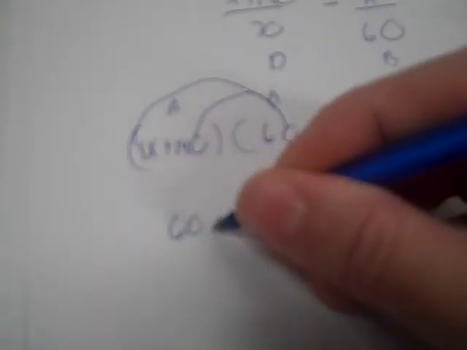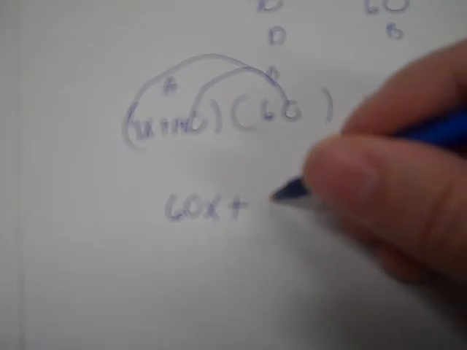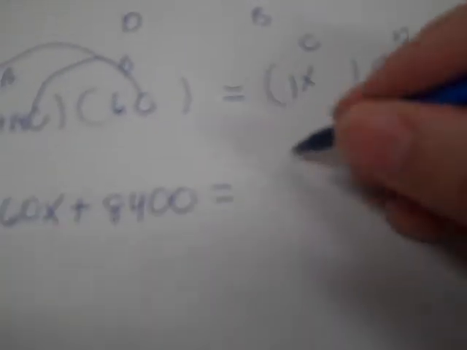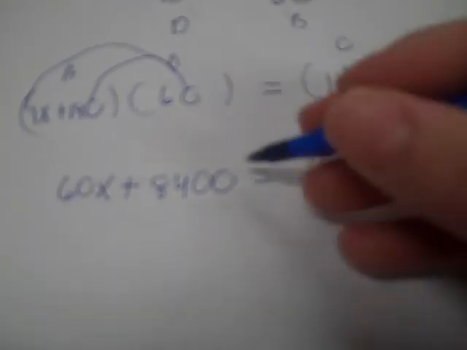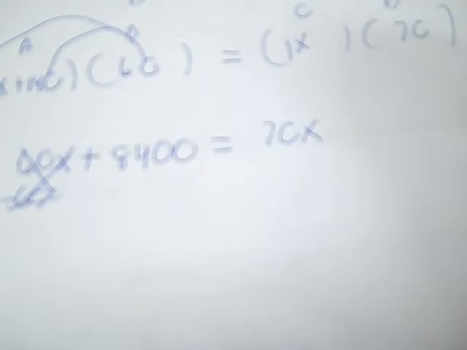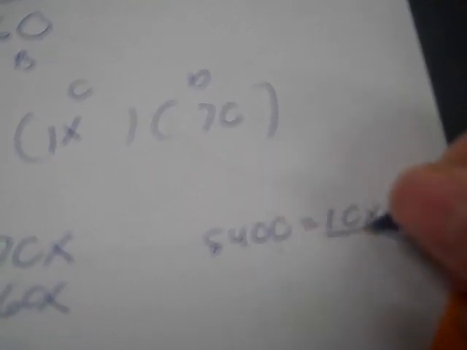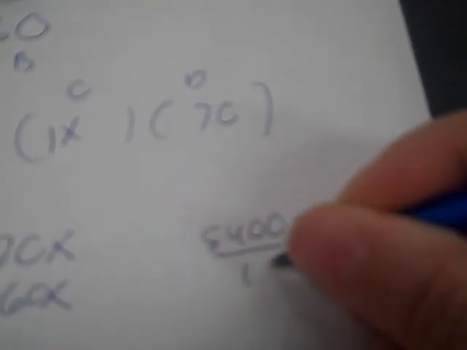These are not like terms, so both of them have to be multiplied separately by 60. So that's going to be 60x plus 8,400. Then that's going to be 70x. So these x's are on opposite sides, so minus 60x, minus 60x. So 8,400 equals 10x, and then I divide by 10, and that gives me 840.